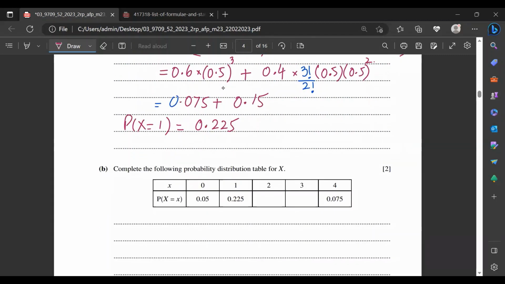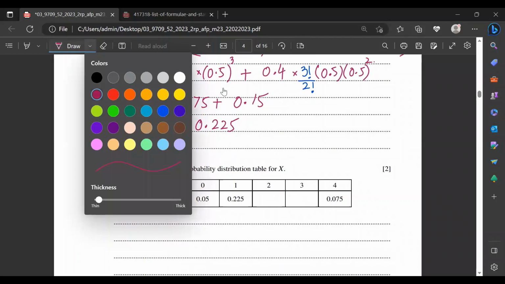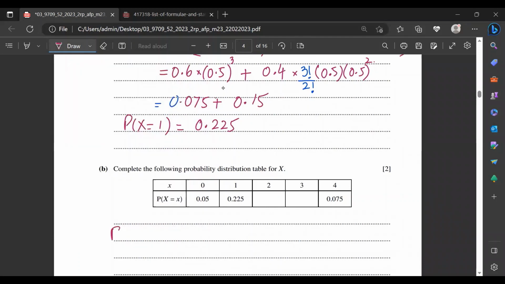So here let's find it for X equals 3. What's the probability that there are 3 heads? So there were 2 categories, the biased and the fair.